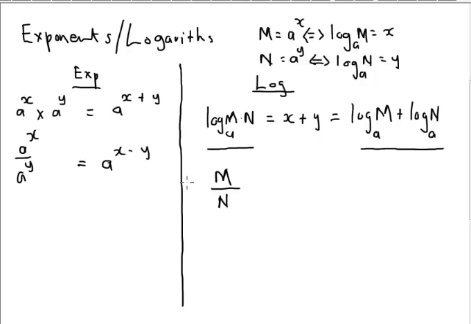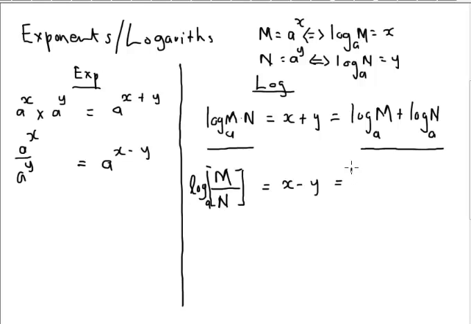Isn't it? So now if we apply log base a of this quotient, we need to know that this is m over n. Its logarithm is that exponent there, isn't it? So then we say x minus y.